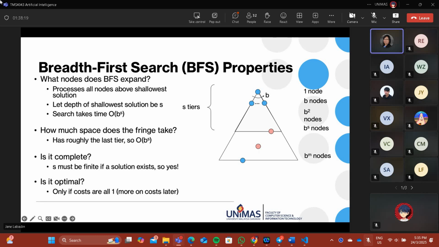Only if the costs are all one, then it will be optimal. But if the cost is different as you move, then maybe not, because the one that BFS found first could be costing more in comparison to the other solution that is at the bottom.